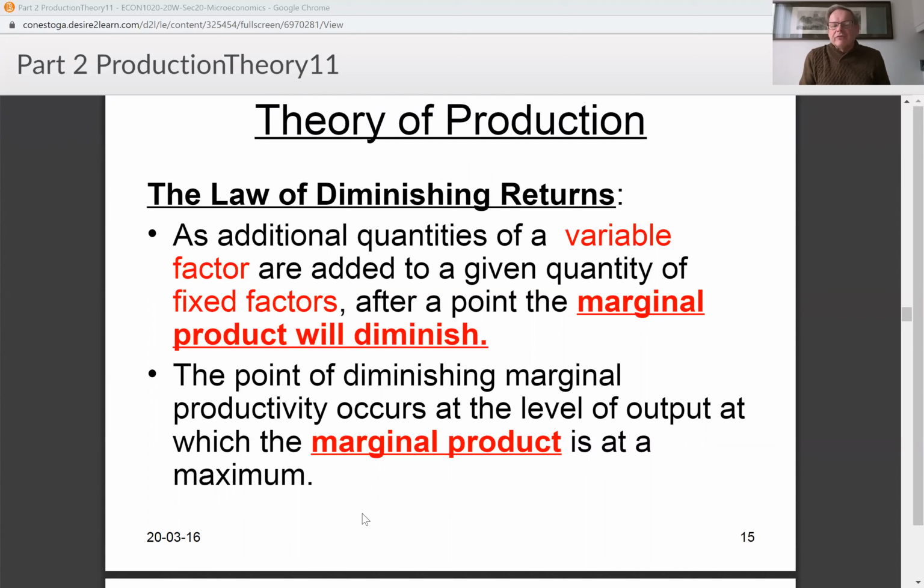The land is fixed, it's the labor that will be changing. So the point of diminishing marginal productivity occurs at the level of output at which the marginal product is at a maximum. The marginal product of labor in our example is highlighted by point J on the graph. That is where the law of diminishing returns starts.